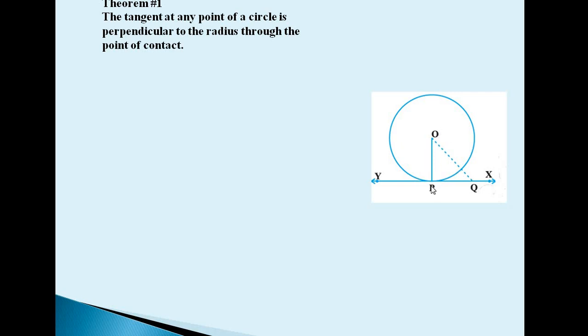Again I repeat, the tangent at any point of a circle is perpendicular to the radius through the point of contact. That means OP is the radius, right, and XY is the tangent. So XY is perpendicular to OP and P is the point of contact.